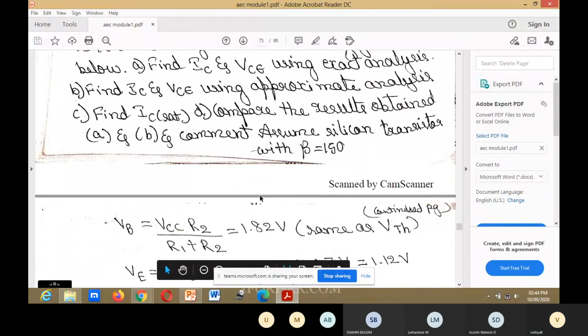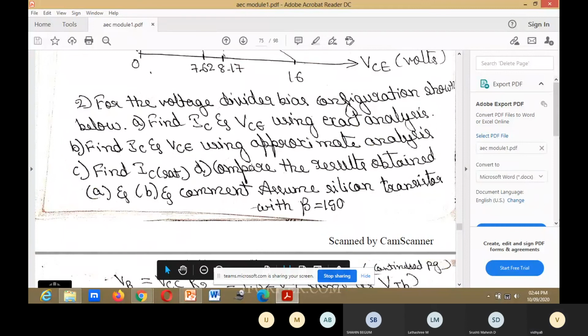Next problem: for the voltage divider bias configuration, first we need to find out IC and VC. We will use exact analysis and approximate analysis in this case. This is the problem they have given.